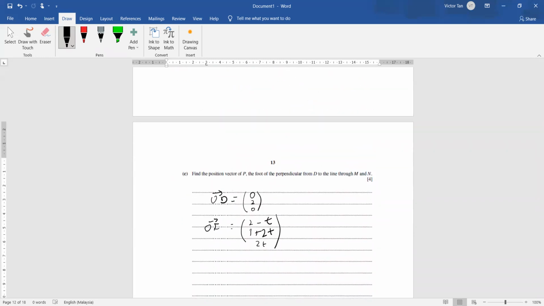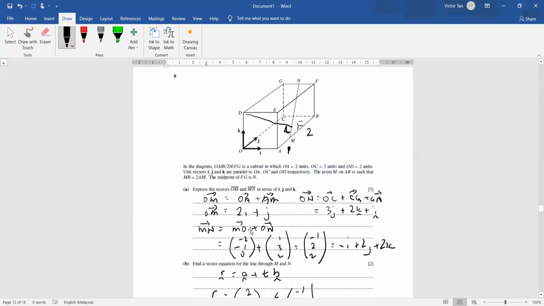This is the point F, the foot of the perpendicular. You find the value of t, you would find the position vector of F. This will be P, because the question said P.